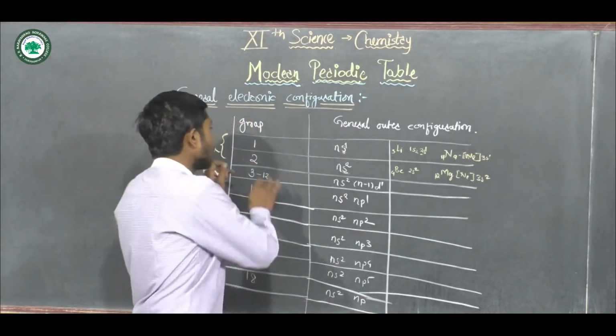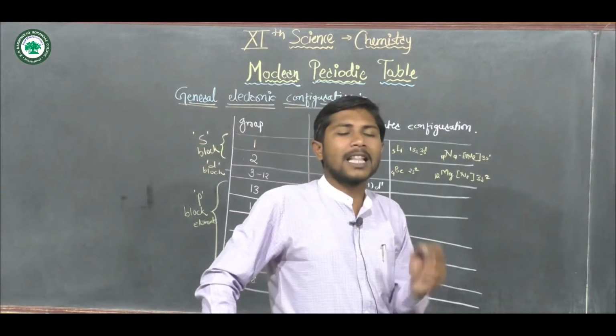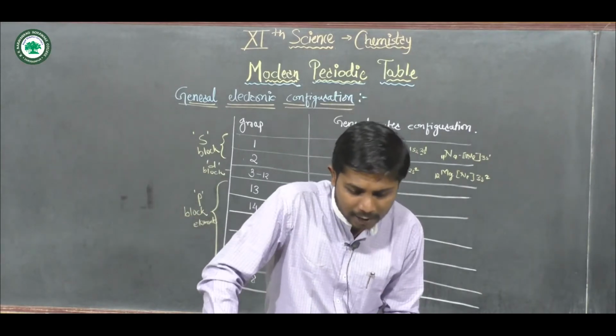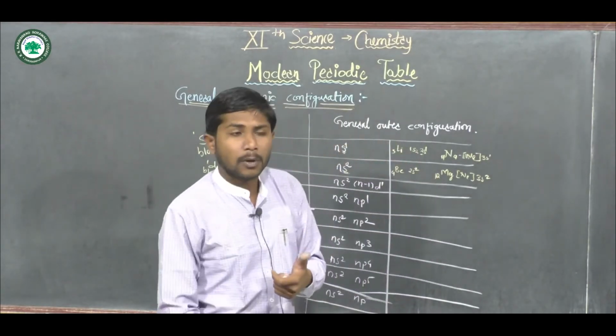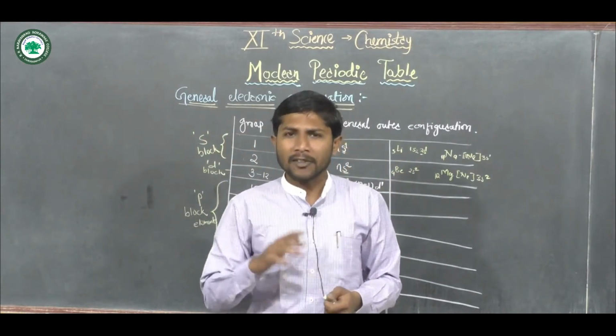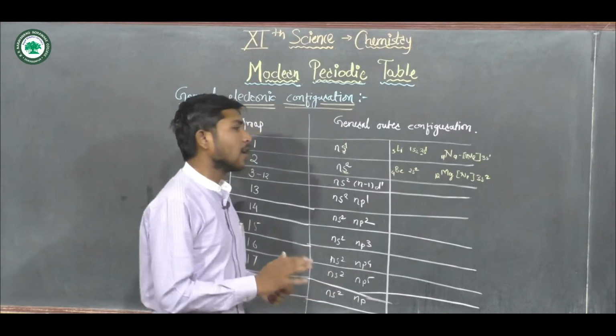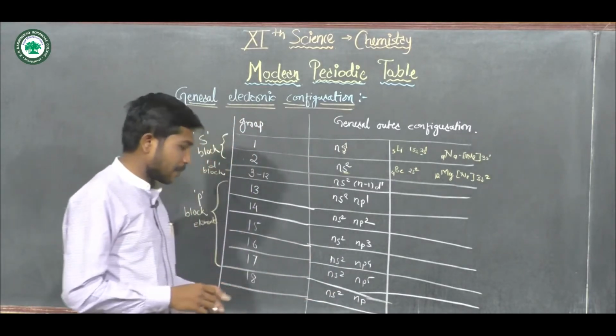Okay, in case of d orbitals, the inner d orbitals, from lanthanum and actinium, there is a starting of again higher energy level, that is the f block, and that f series or f orbital starts filling with the 14 elements which are placed below the periodic table as a separate element.